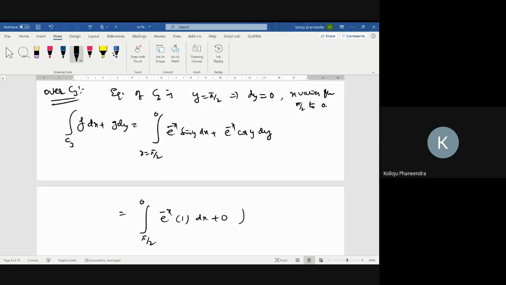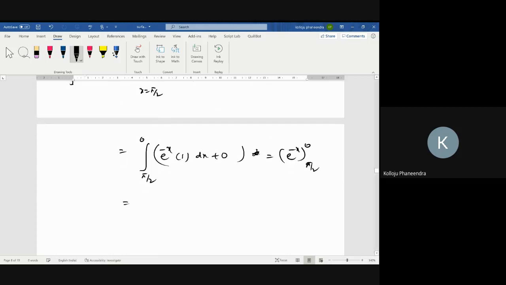This is e power minus x from pi by 2 to 0, which is 1 minus e power minus pi by 2.